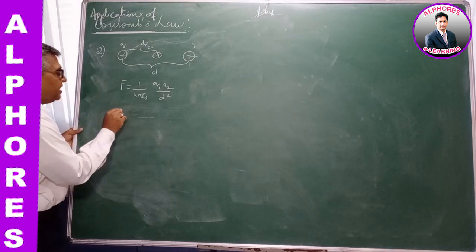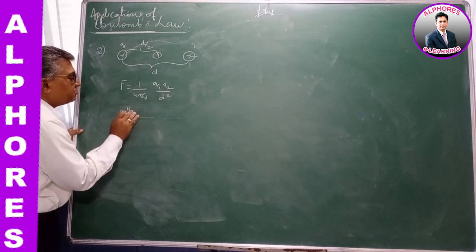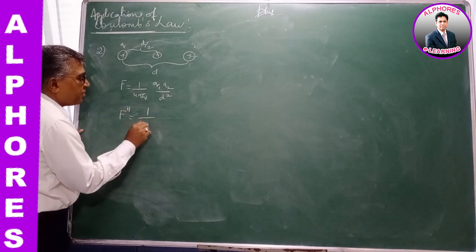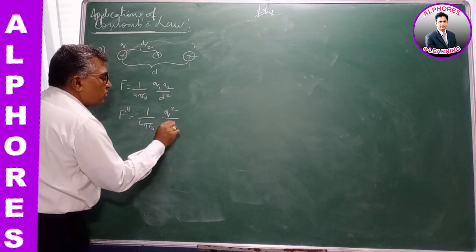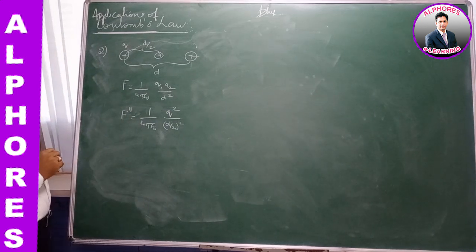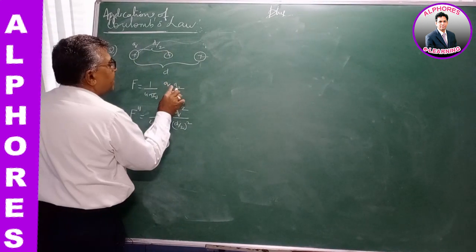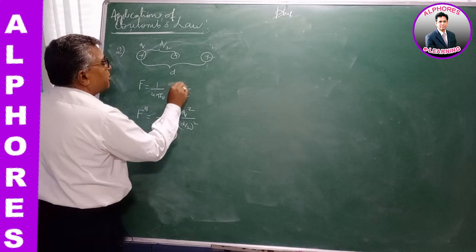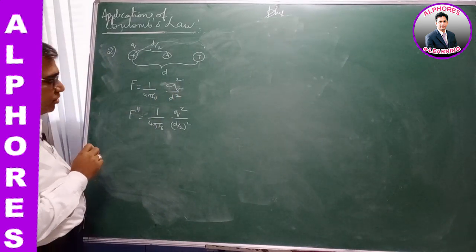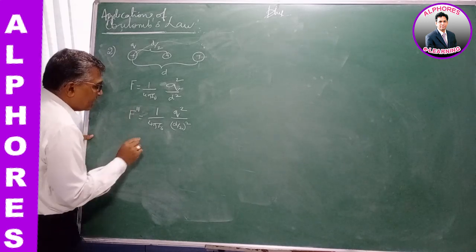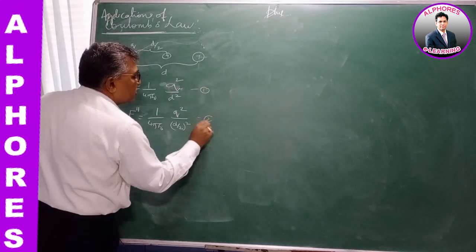New force F double dash is 1 by 4 pi epsilon naught q square by d by 2 whole square. Initially when they were at a distance d, force F is 1 by 4 pi epsilon naught q square by d square. Now the distance is halved, the new distance is d by 2, F double dash. So this is equation 1, equation 2.